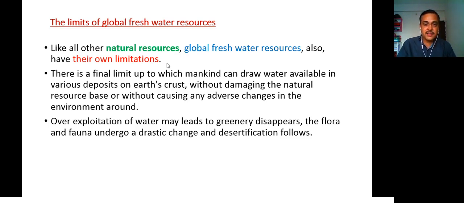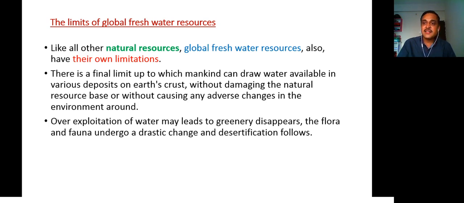One limit is decided by nature itself, to which mankind can draw water available in various deposits of the earth's crust without damaging the natural resource base or without causing any adverse change in the surrounding environment.